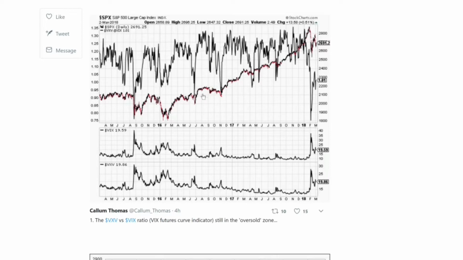Basically, when you get spikes down in this indicator, or collapses in the indicator, I suppose you might call it, it's when the spot VIX heads up rapidly relative to the futures VIX. So, if you think of the VIX futures as kind of like expectations of where the VIX is going to be in 3 months' time, if spot is higher than the future, then that's kind of indicating more near and pressing fear in the market.